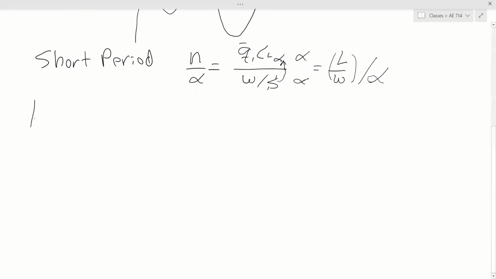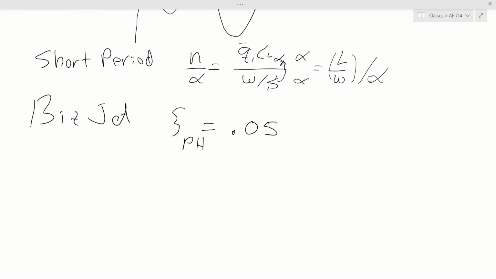So for the BizJet, we had calculated a damping ratio from the roots of 0.05. And then we have a natural frequency from the roots of 0.09 radians per second.